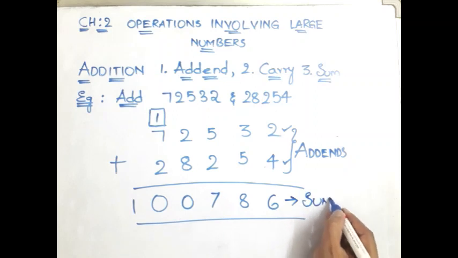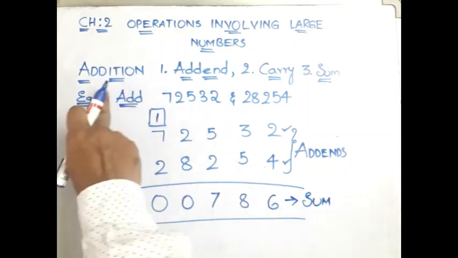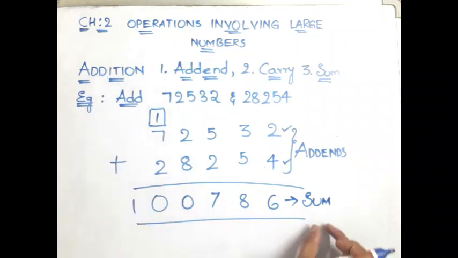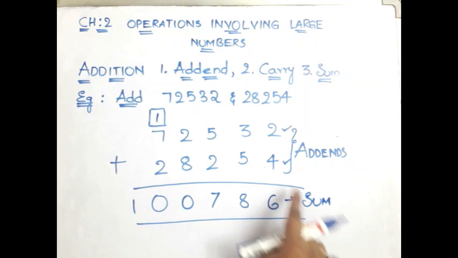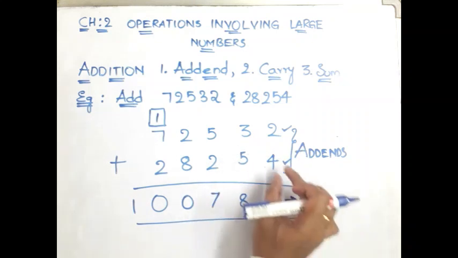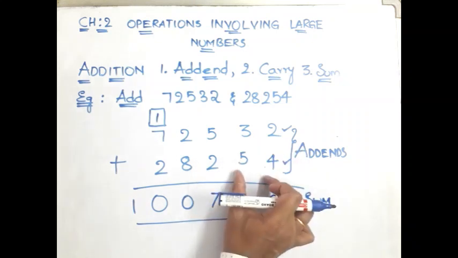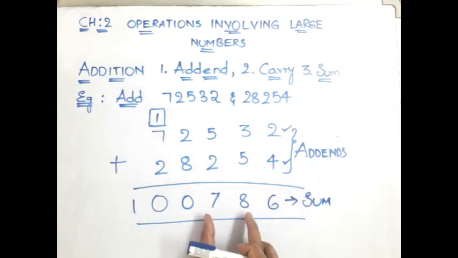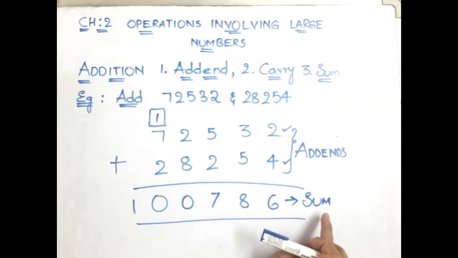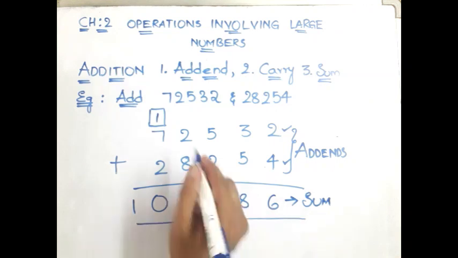Okay. In the upcoming classes they won't tell you to add the numbers. They will directly give the sum of the numbers is. That means through this you have to understand they are doing addition. So the individual numerals under addition we call addends and the result which we get after addition we call sum. Now what about this?